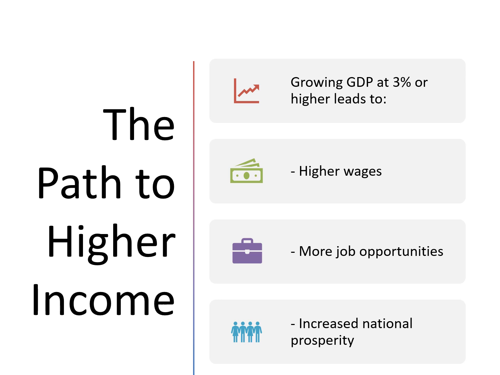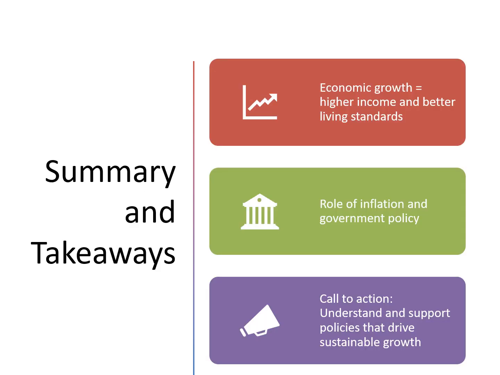Economic growth is really, truly the key. So again, to put a bow on this 5-minute presentation that turned into half an hour, economic growth is that higher income leading to better living standards for all of us. Especially when we're talking about real economic growth, real GDP growth, real income growth.